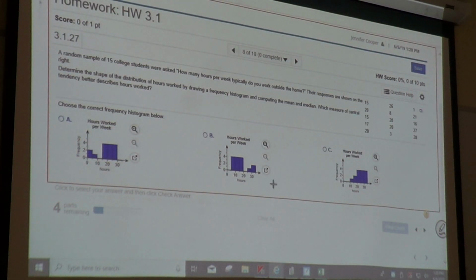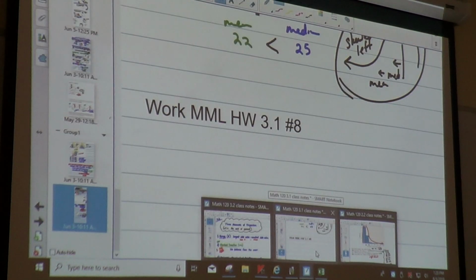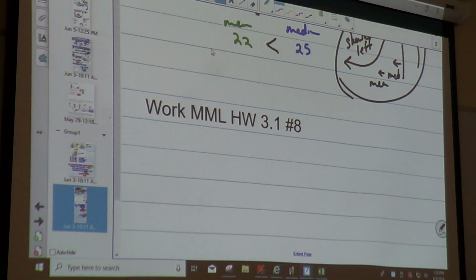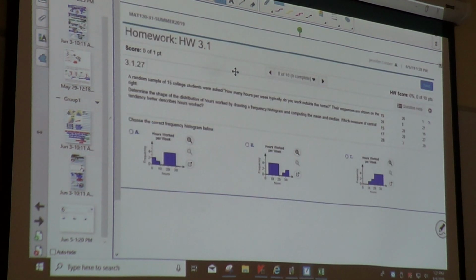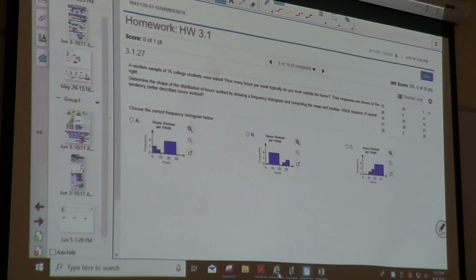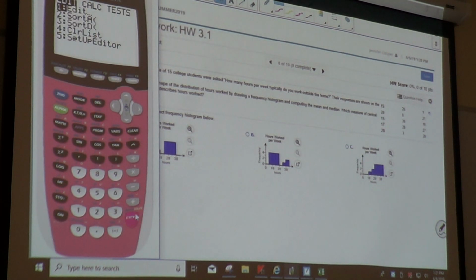Problem and put it in our notes. That way you will have it to look at as well. Alright, so I'm going to come to my calculator. I'm going to do stat edit.